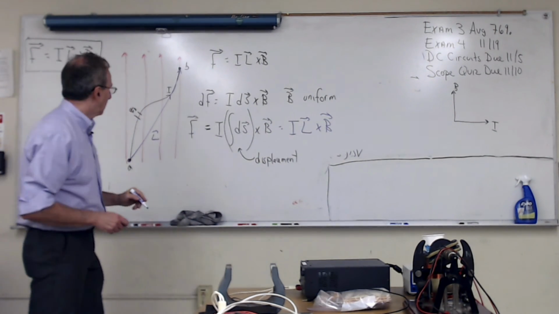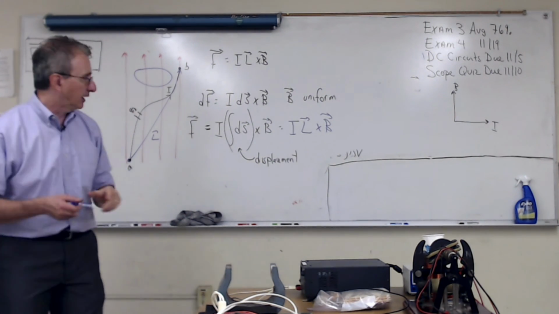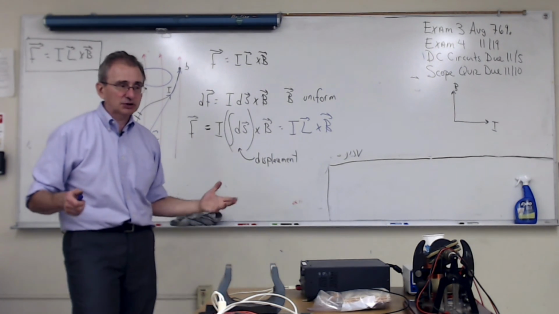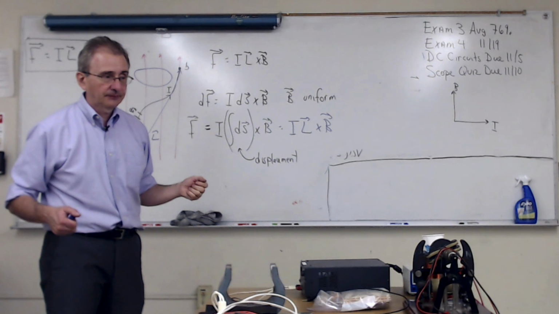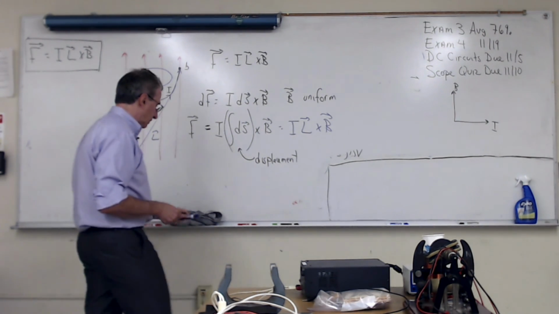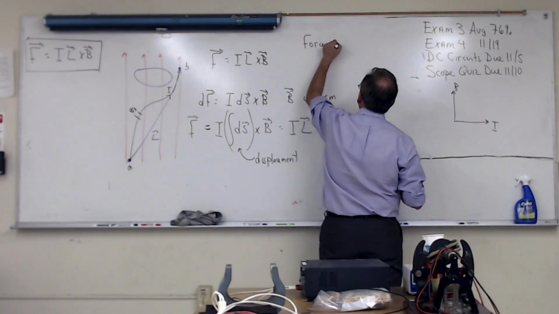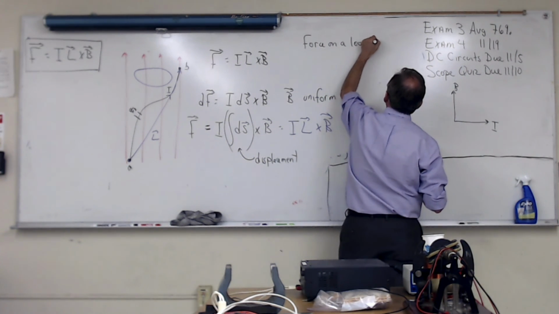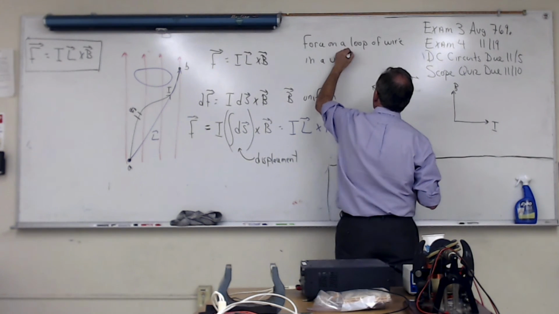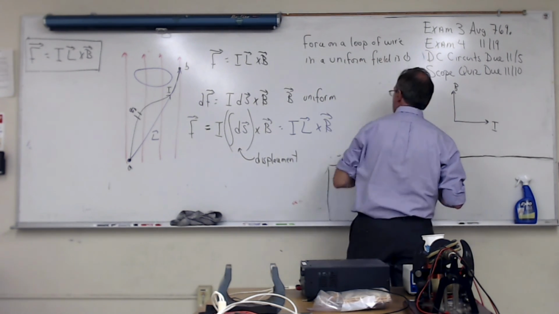Now, what if I had a circular loop of wire in the magnetic field? If I integrate this over a closed path, what do I get? If I ended up where I started from, what's my displacement? Zero. So the force on a loop of wire in a uniform field is zero.